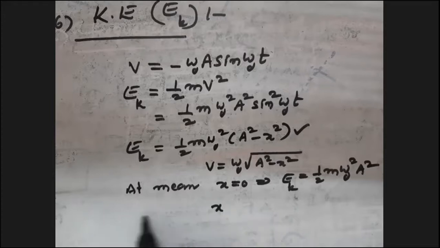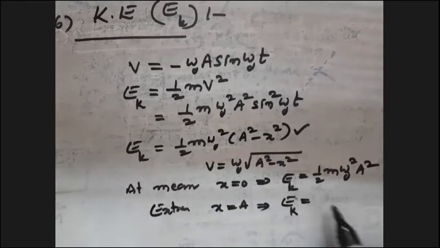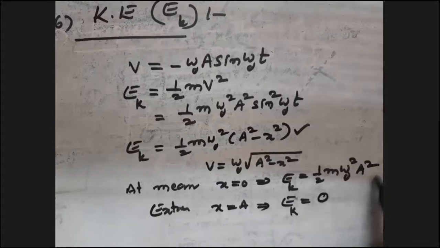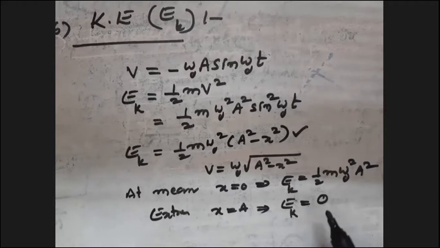At the extreme position, x is equal to A, then the kinetic energy of the particle, A square minus A square, is 0. So at the mean position, the particle's total energy is in the form of kinetic energy. At the extreme position, the kinetic energy equals 0, and the total energy is in the form of potential energy. Okay, so these are the kinetic energy expressions.